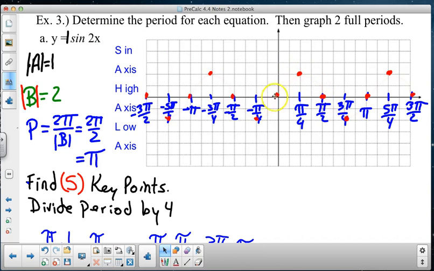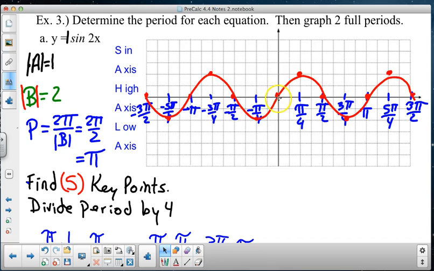Keep in mind though, because we set this up for our 5 key points, I just know my amplitude is 1. So I start at the axis, I go high to 1, I go back to the axis, I go low to -1, I go back to the axis, and I repeat. If I just go with this mnemonic device, I can quickly graph it. I know these 5 critical points, 0, pi over 4, pi over 2, 3 pi over 4, and pi, are major points.